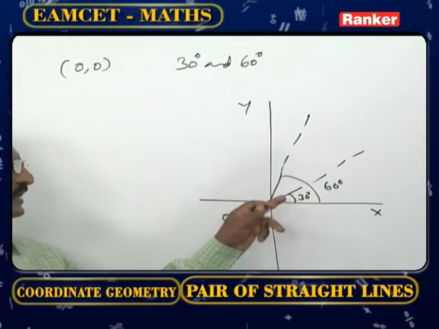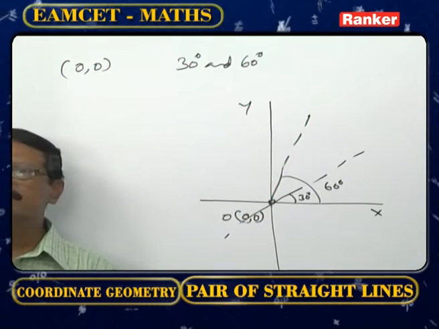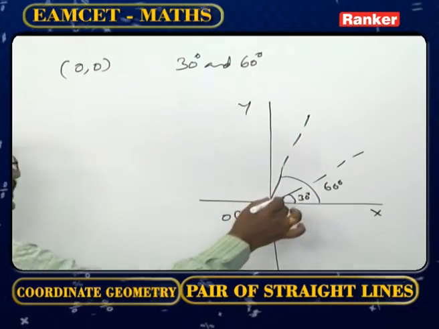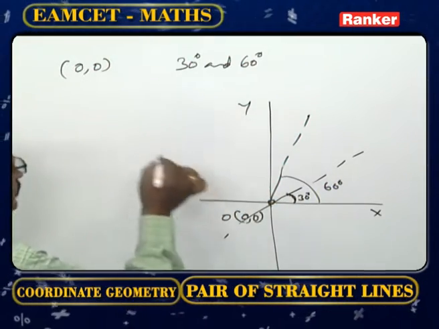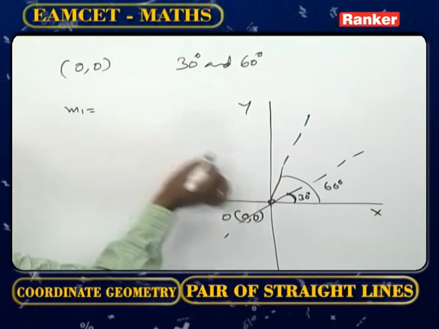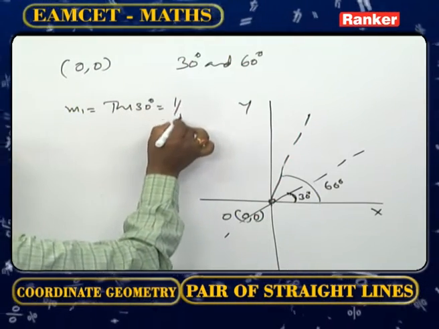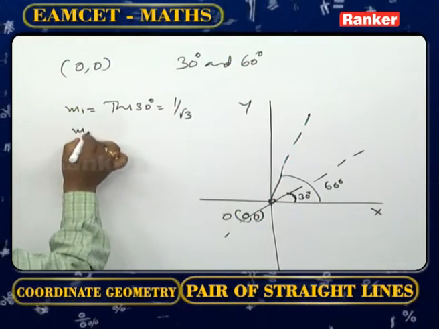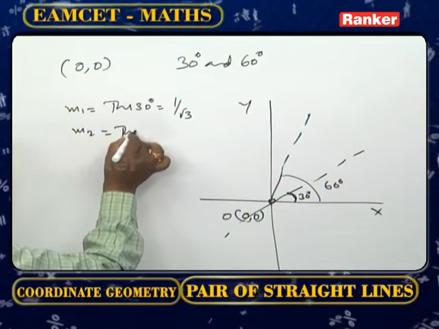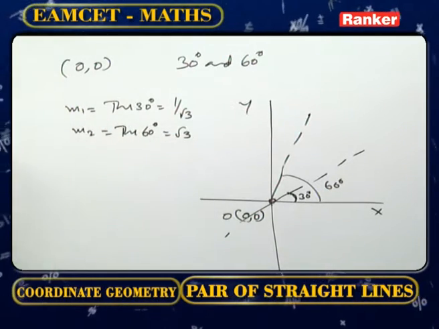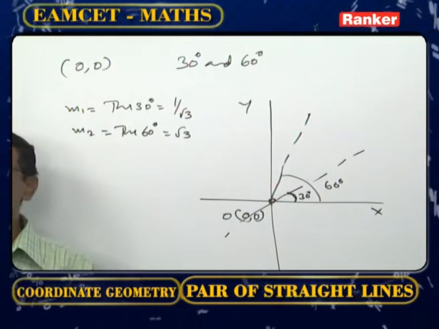Now, a straight line inclined at an angle theta with the x-axis in the positive direction has slope equal to tan theta. Now, the slope of the first line m1 equals tan 30 degrees, that equals 1 by root 3. Similarly, the slope of the second line equals tan 60, that equals root 3. One line has slope 1 by root 3, the second line has slope root 3.